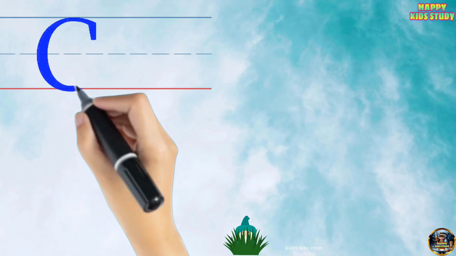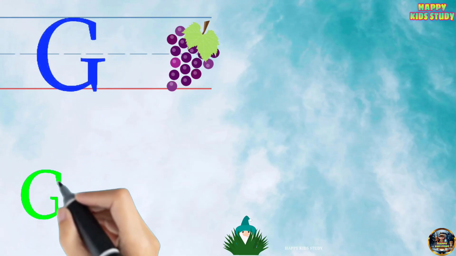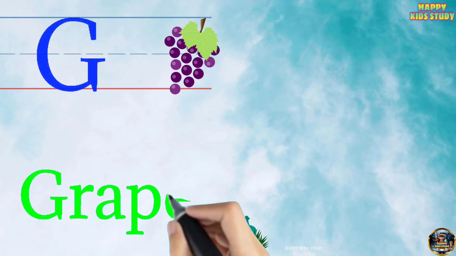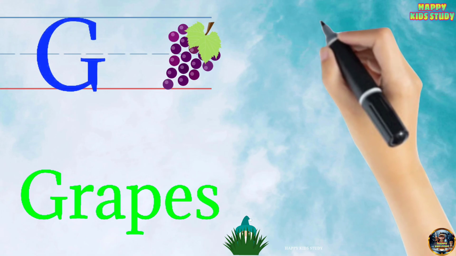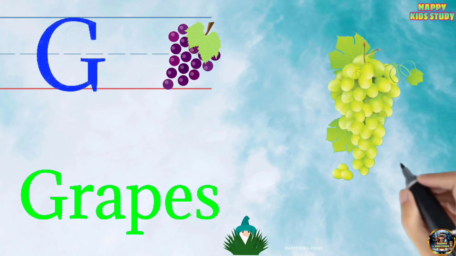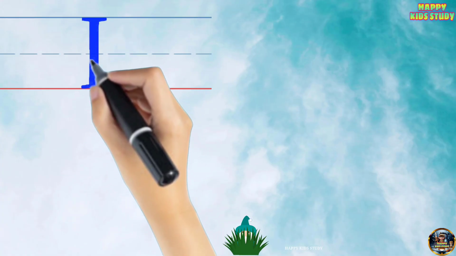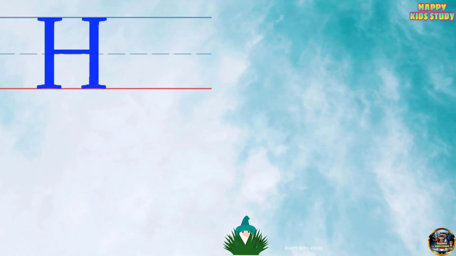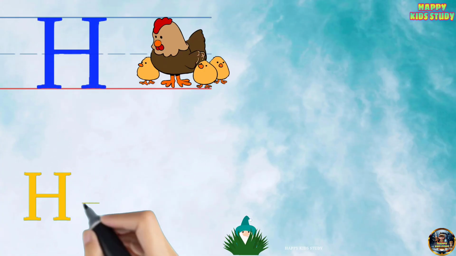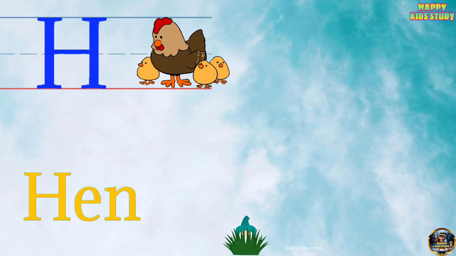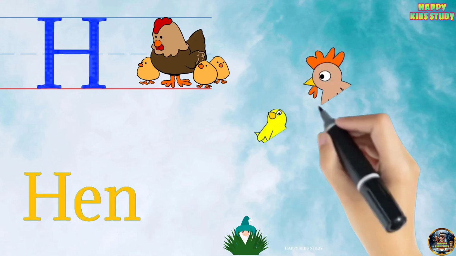G. G for grapes. Grapes means angur. H. H for hen. Hen means murgi.